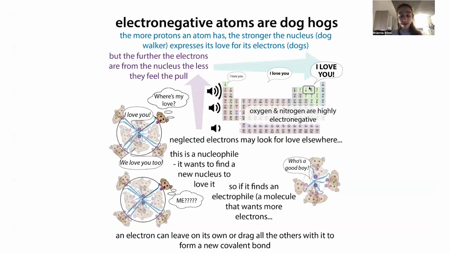The ones we deal with a lot in biochemistry are going to be nitrogen and especially oxygen. When we think about redox reactions, like reduction and oxidation, you'd think oxidation would always involve oxygen, but it doesn't always involve oxygen. But it often does because oxygen is so electronegative.